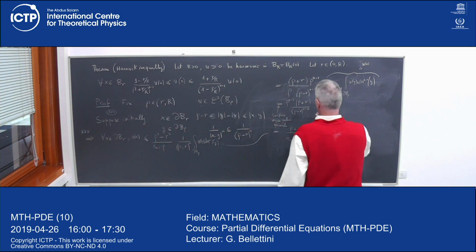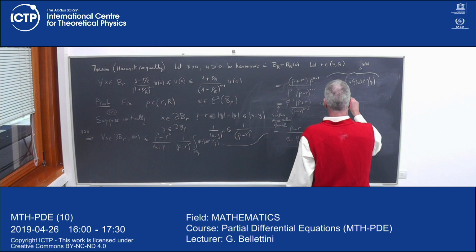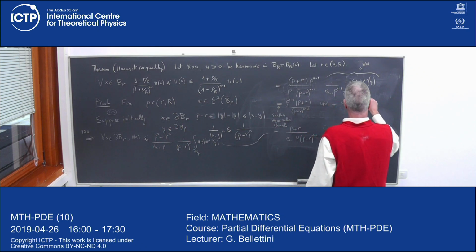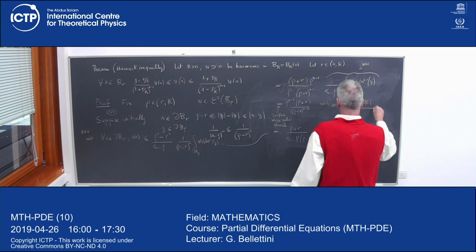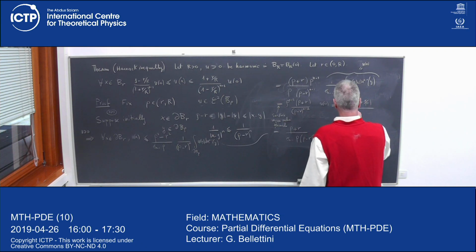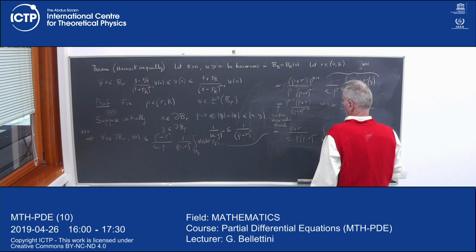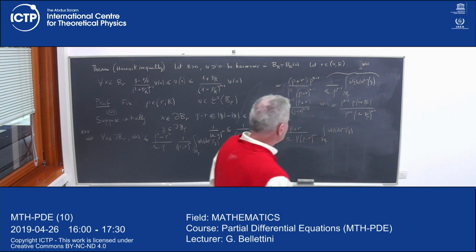So now let me write this as follows. Let's see what happens. I write rho times 1 plus r over rho, divided by rho to the n minus 1 times 1 minus r over rho to the n minus 1.